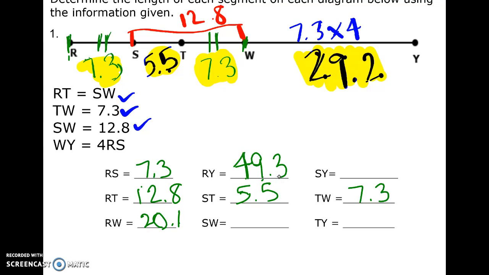SW was actually one of our given things up here, which is 12.8. SY is just the whole line minus the R, which is 42. And then TY is from here to the end, which is 36.5. All I did was add those numbers up. I just didn't want to waste time adding them up.